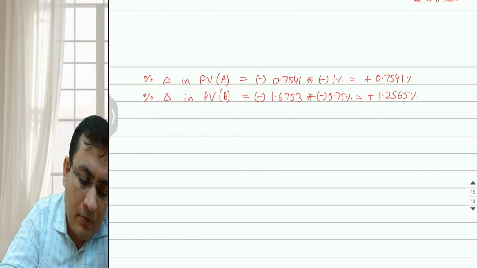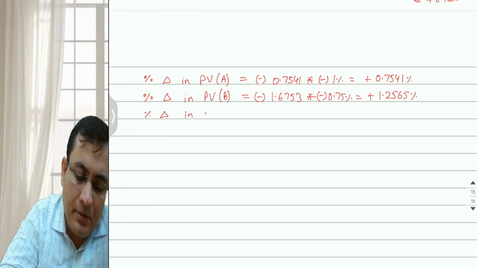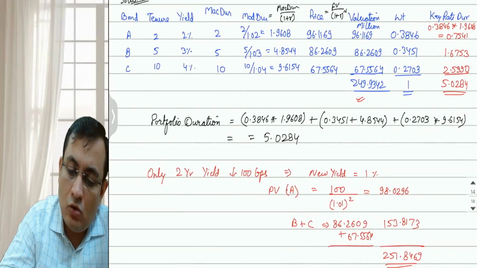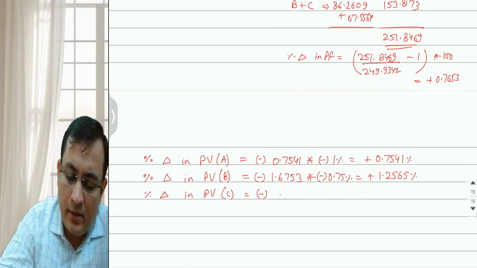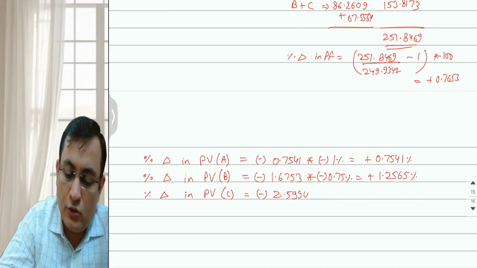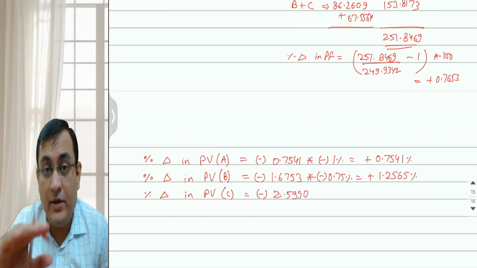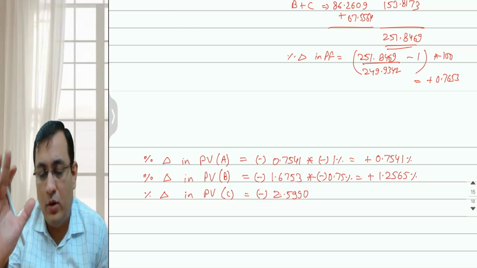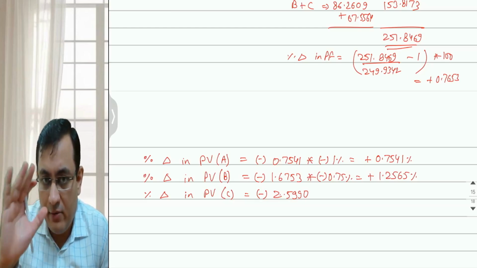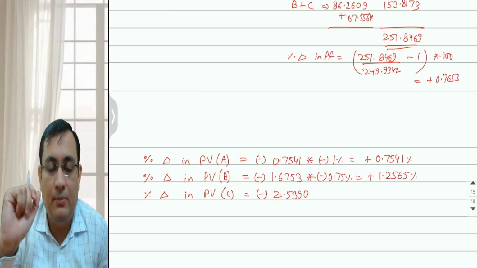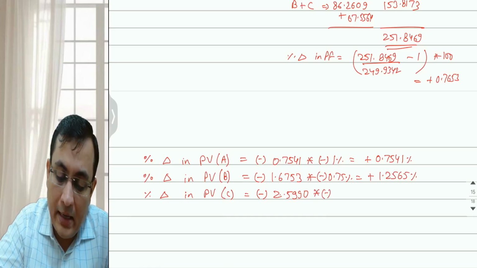And the last, percentage change in PV of C, negative 2.5990. So it's not only that a higher key rate duration signifies a higher change in the overall bond portfolio. No, you have to multiply it with the key rate change also to identify the overall impact in the portfolio, multiplied by negative 0.25.